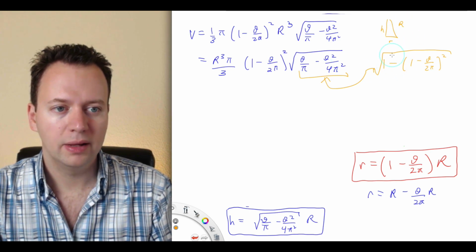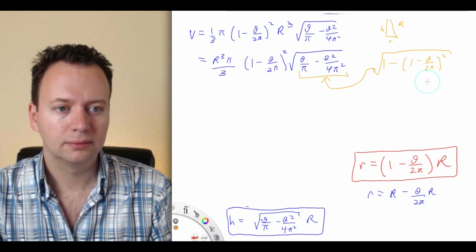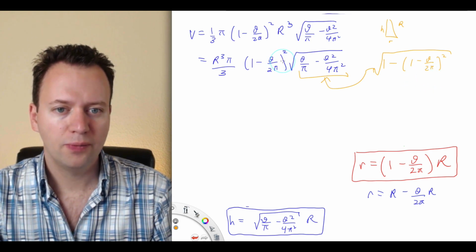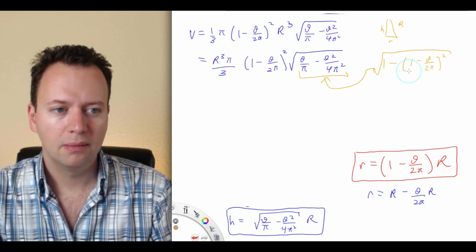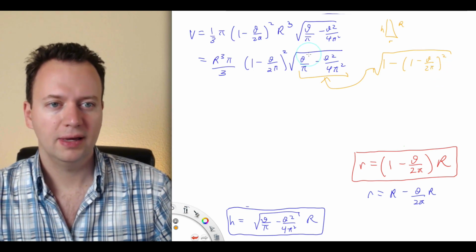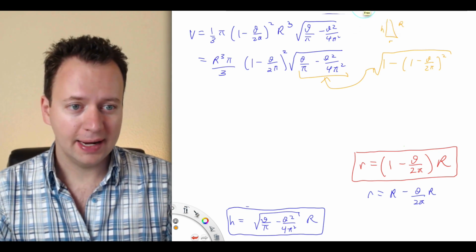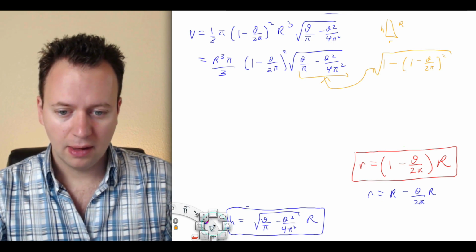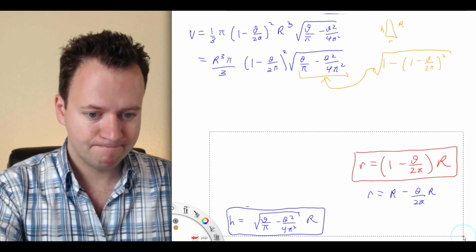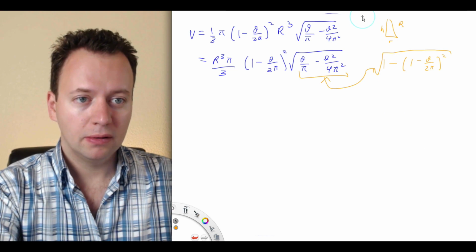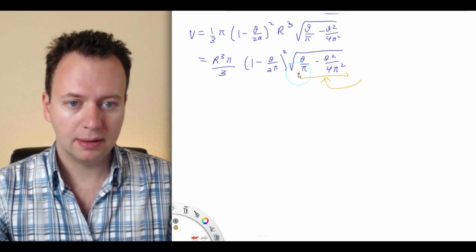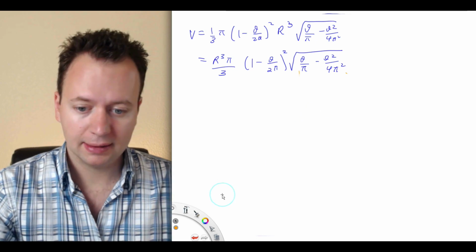So it was just really 1 minus this thing squared. If we bring this in, we would have something to the 4th power minus something to the 6th. Not sure if that would be a simplification. Okay, I thought about it for a few minutes, and I don't see any obvious way of simplifying this any further. So we just have to go ahead and start taking derivatives and see where that takes us.